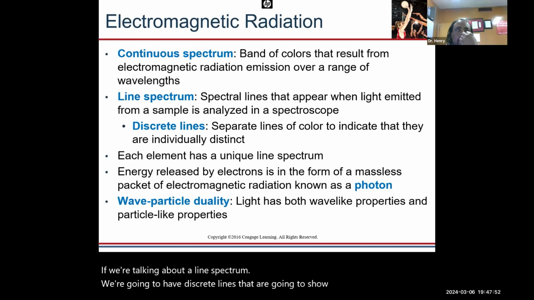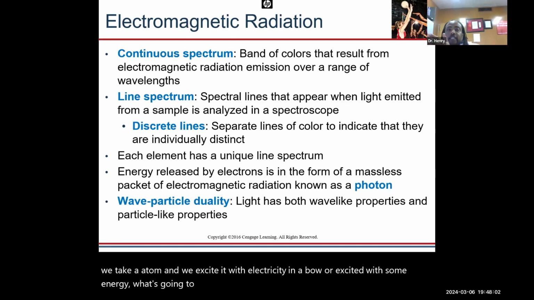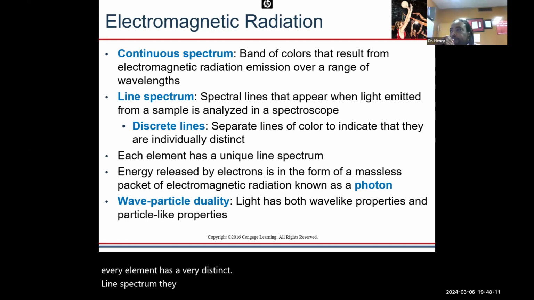If we take an atom and excite it with electricity in a bulb, or excite it with some energy, it's going to provide a line spectrum, and every element has a very distinct line spectrum. They don't look exactly the same. So we call that a discrete line spectrum, or just a line spectrum.